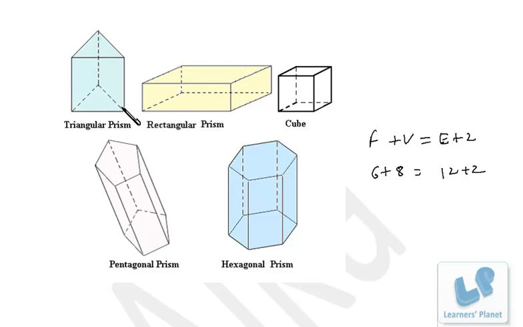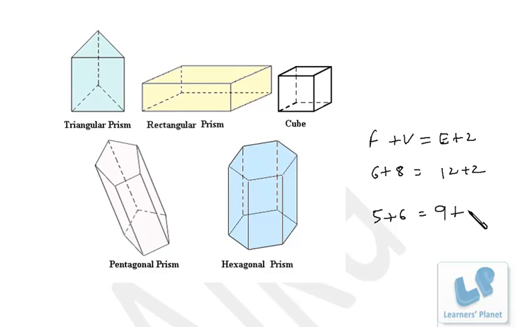Suppose we have this triangular prism. Faces will be 1, 2, 3, 4 and bottom, that is 5. Vertices will be 1, 2, 3, 4, 5, 6. Edges will be 1, 2, 3, 4, 3 this side, 3 that side, 6, then 7, 8 and 9.